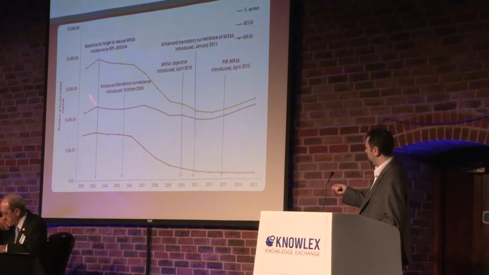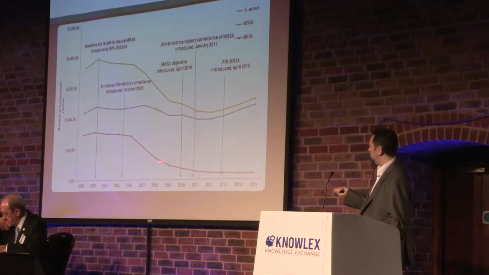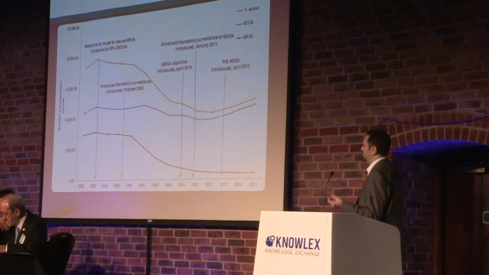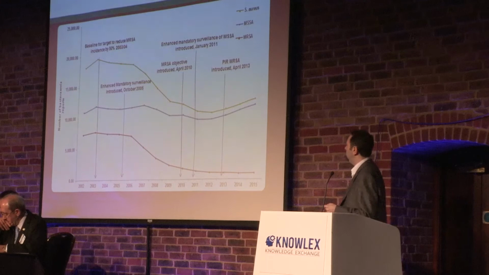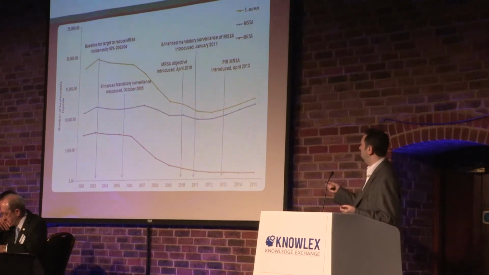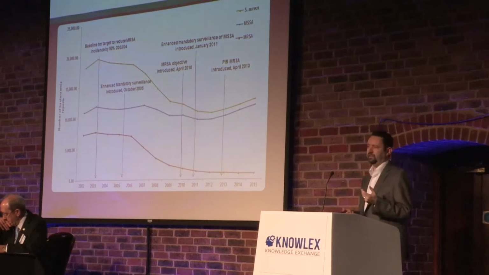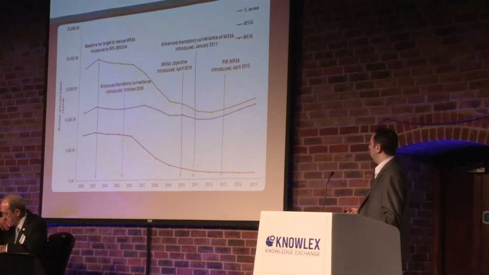So this is covered at the beginning of 2000. You can see that MRSA has kind of peaked here, and then we see this large decline, and we've got the various government targets. So there's an attempt to drop the MRSA rate by 50%, that succeeded, and then in 2010 they progressed to individual targets.